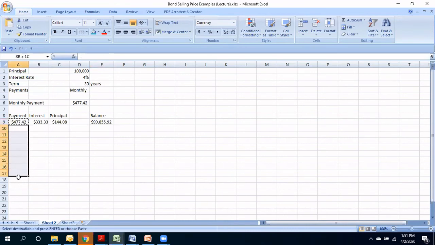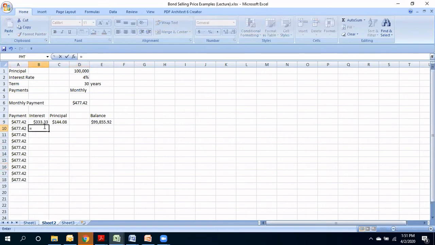Now, for the second payment, I'm going to apply 4% to my outstanding balance, remembering once again that I have to divide that interest rate by 12.